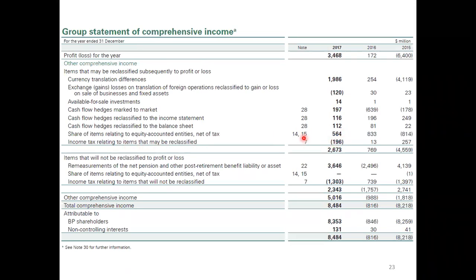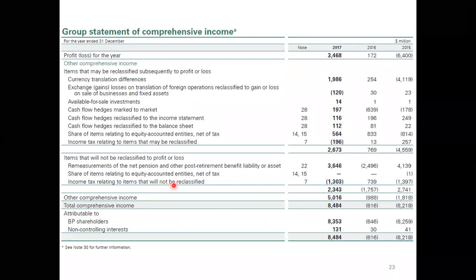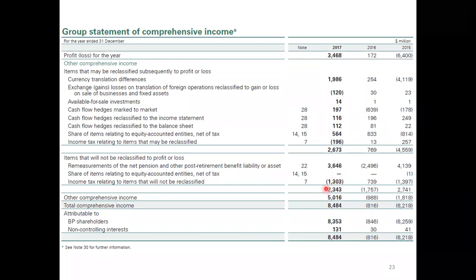Here mentioned, note number 7, right? Now 196. Again, income tax relating to items that will not be reclassified. This is what may be reclassified, here not be reclassified, that is this amount. Note number 7.